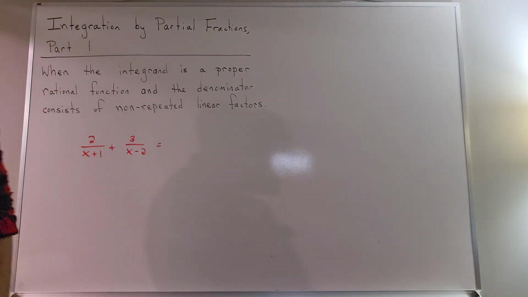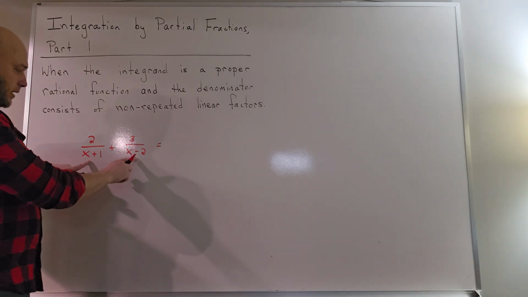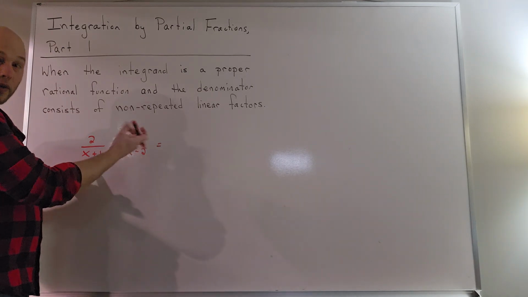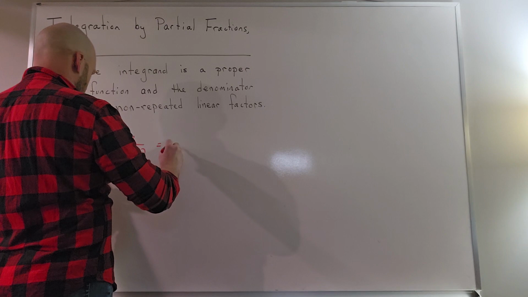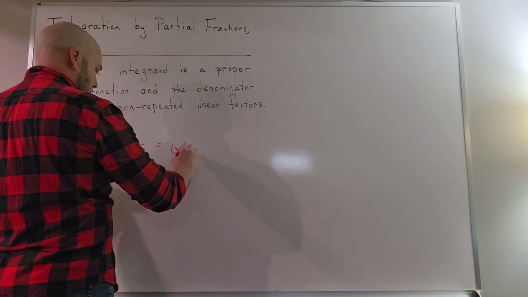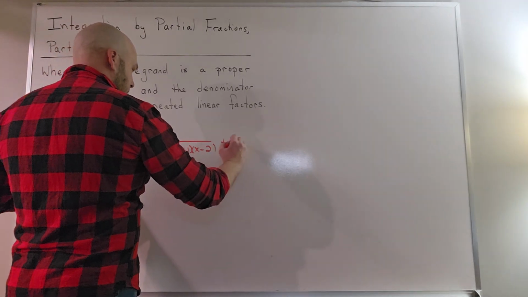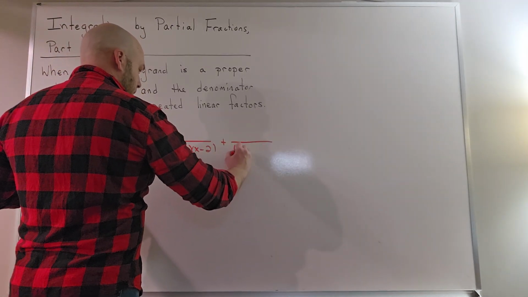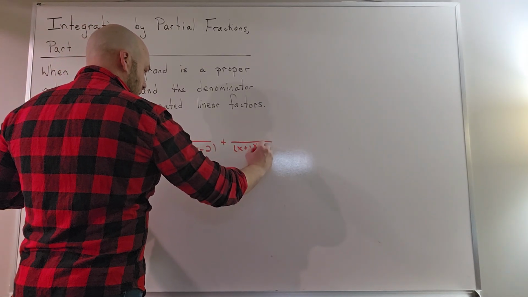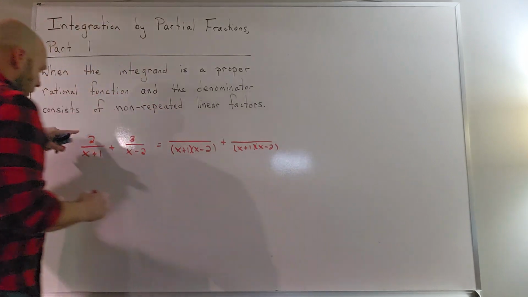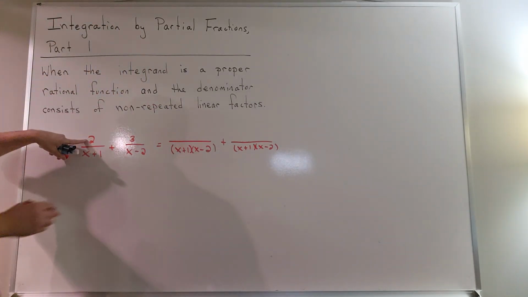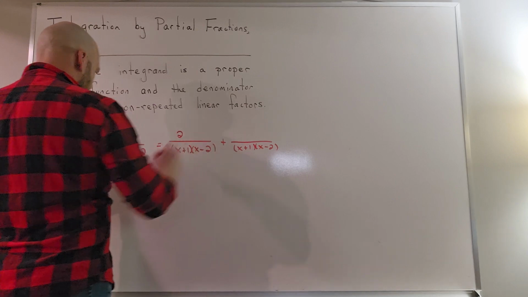In order to add fractions, we have to have common denominators, and of course the least common multiple of these denominators would be their product. This first fraction already had a factor of 2, so we need to have that factor of 2.